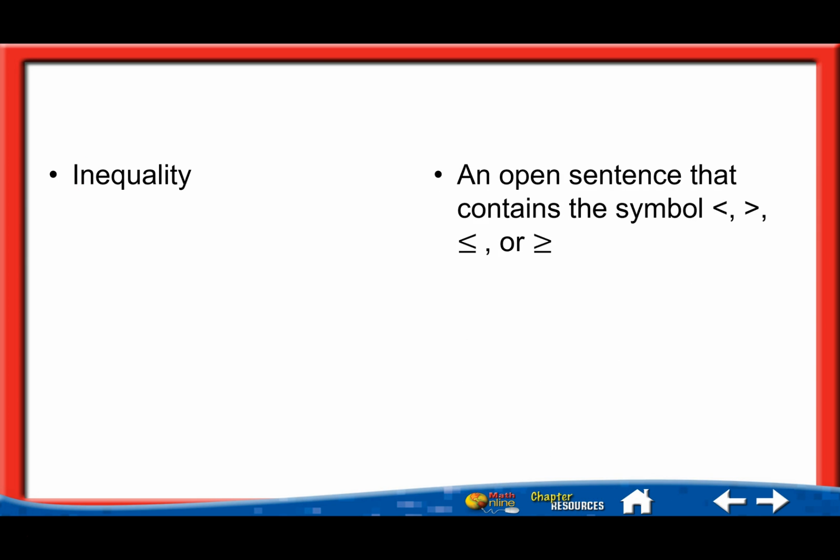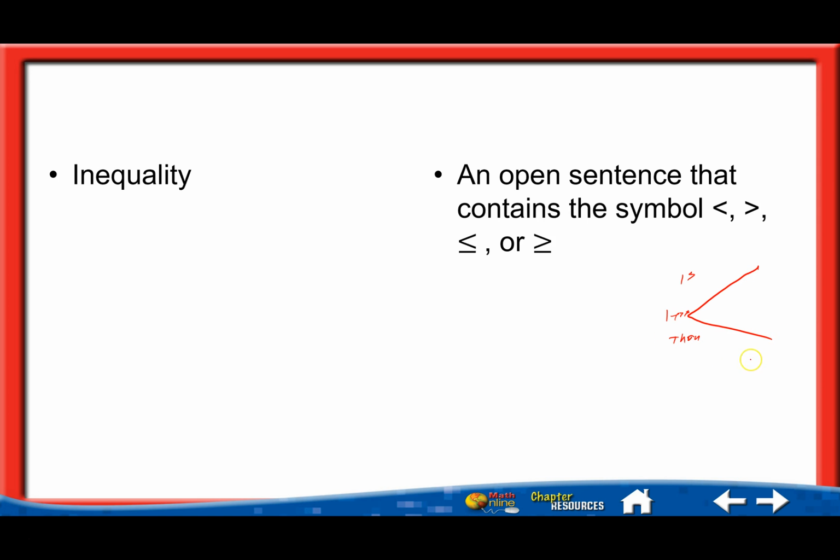An inequality is an open sentence that contains the symbol is less than, is greater than, is less than or equal to, or is greater than or equal to. And something I've said a couple of times, how I read these: I read down the left-hand side. So I go, is less than.